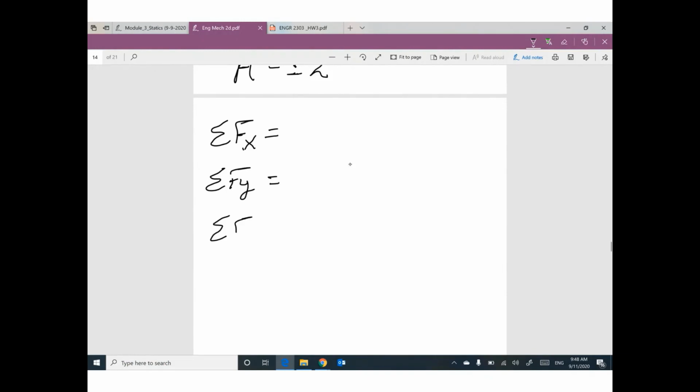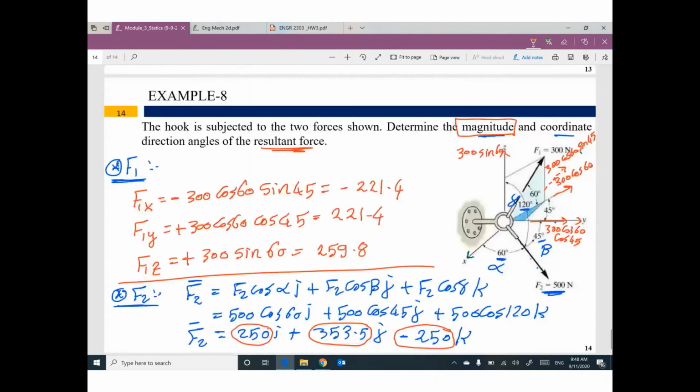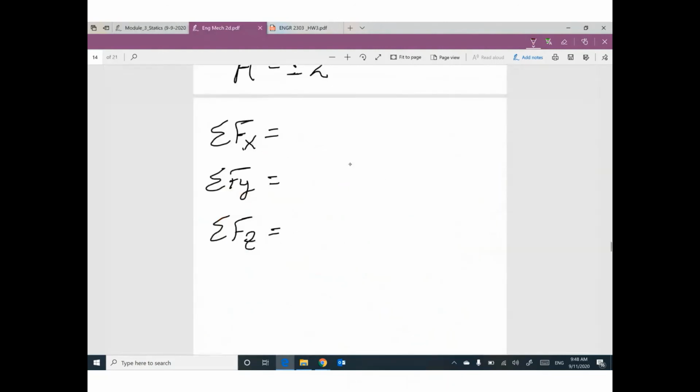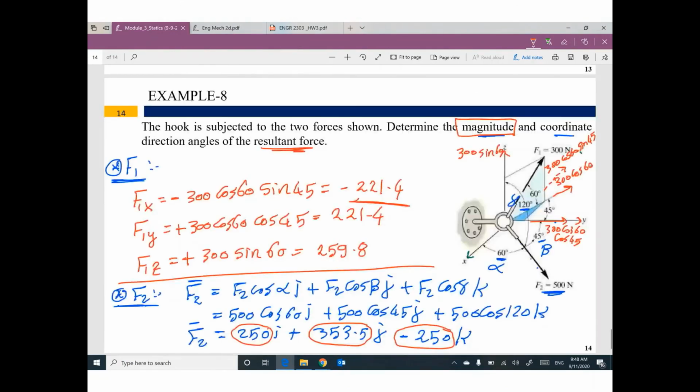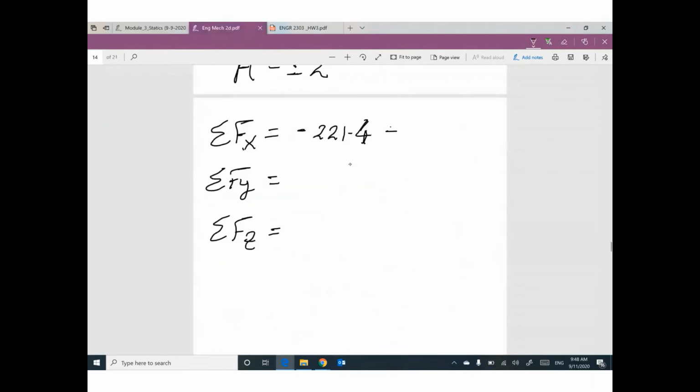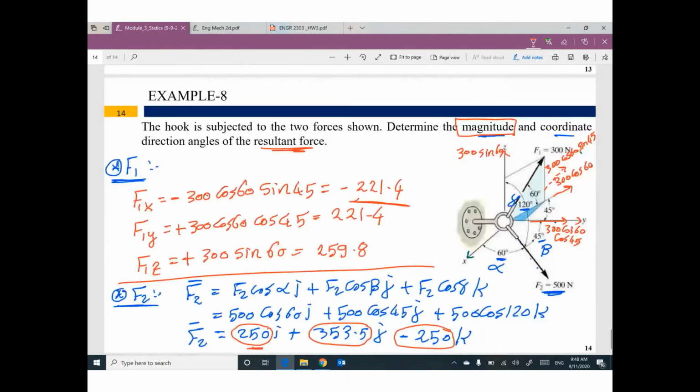Go ahead. X component here, negative 221.4. X component here equals 250. Y component here, positive 221.4.